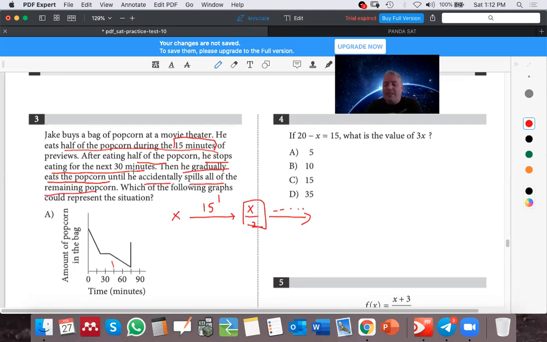So it falls down, let's say. Which of the following graphs could represent this situation? First of all, on the y-axis, what we have is the amount of the popcorn. So this is at the beginning. What we said at the beginning, in 15 minutes, half of it I am consuming.